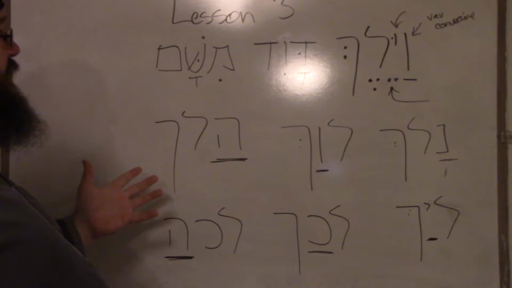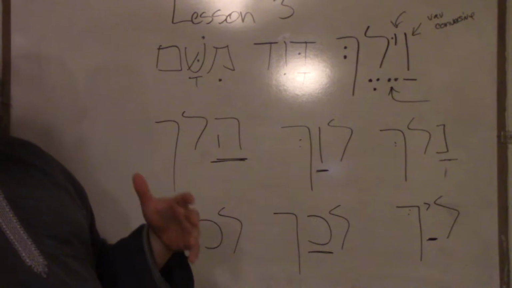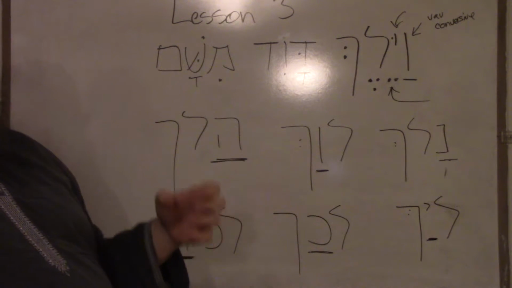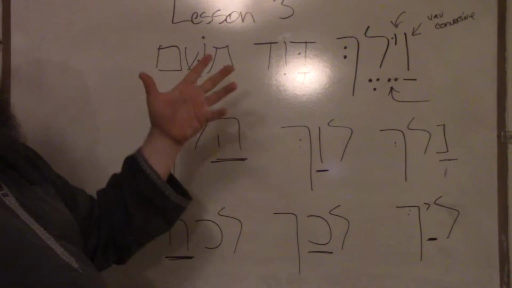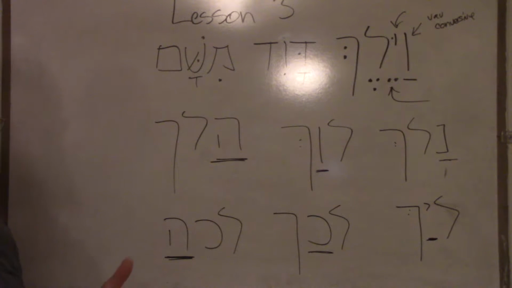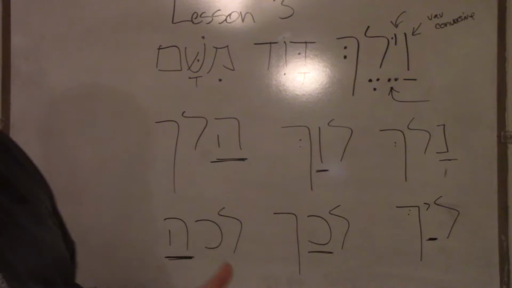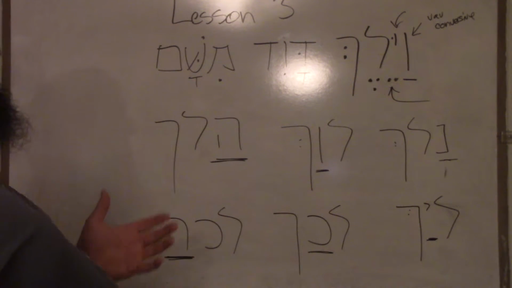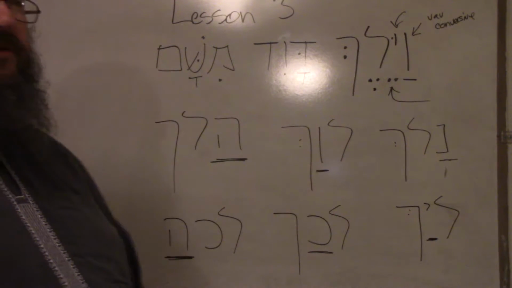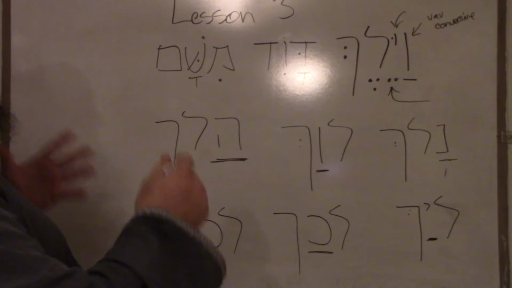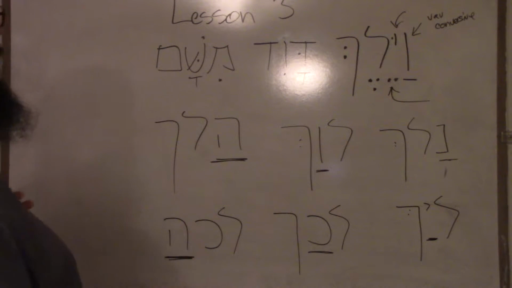But in this case, typically we don't find hey dropping off. We don't find it also in the front of verbs for the most part. Hey's not a very common root that's used with relationship to verbs. It's used, it's just not used as much as you would find in relation to other letters in the Hebrew alphabet. And so therefore we have to at least know them and understand them and see what they are and how they function and work.